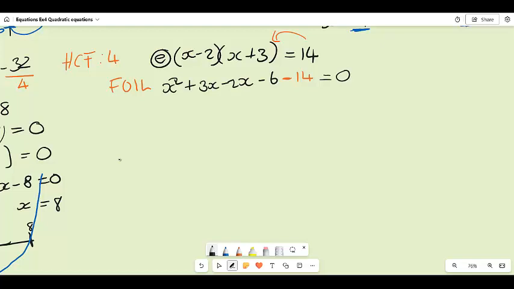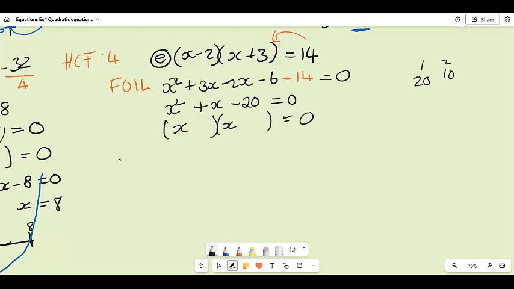and that is equal to 0. Now I am going to add like terms, so x squared, 3x minus 2x is plus 1x, minus 6 minus 14 is minus 20, and that is equal to 0. Now I factorize, 2 brackets equals 0, x and x. Factors of 20 that give me 1. Factors of 20 are 1 and 20, 2 and 10. 3 doesn't work. 4 times 5 gets me to 1. 4 and 5 is the closest to get me to 1.